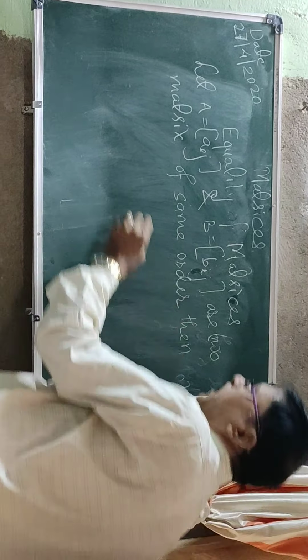Then the two matrices are equal if they are of the same order. First one is if they are of the same order.